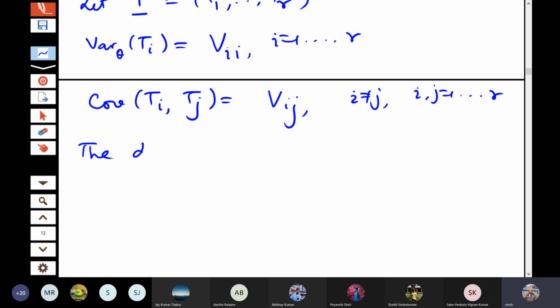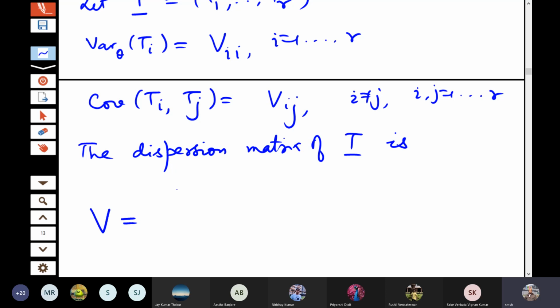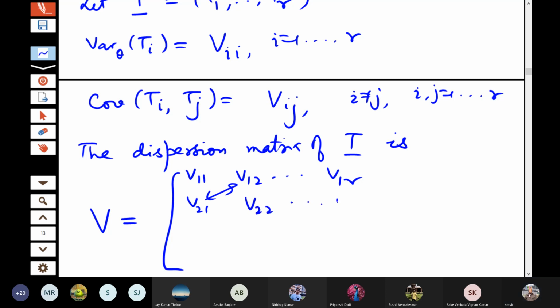The dispersion matrix of T, I'll call it V. So V is V11, V12, V1r, V21, and V12 and V21 are the same because of the symmetry of the covariance term.